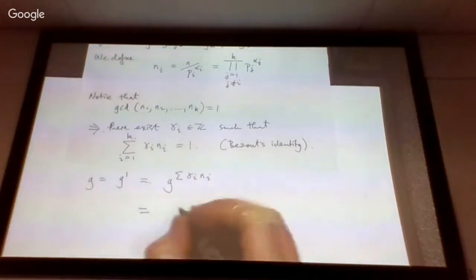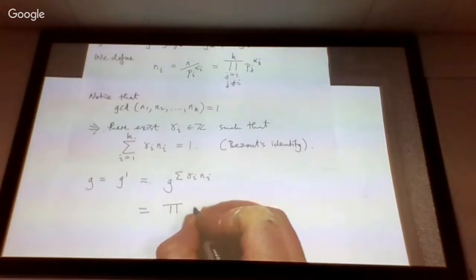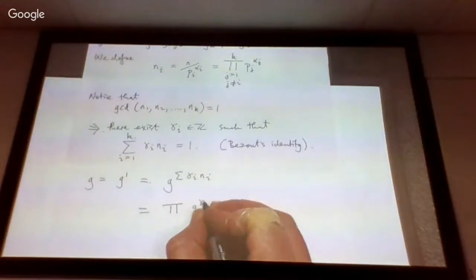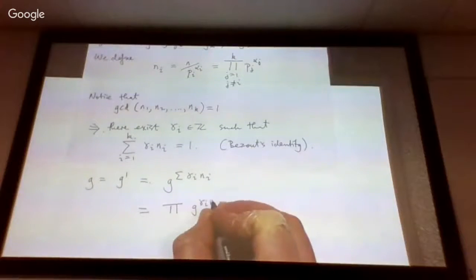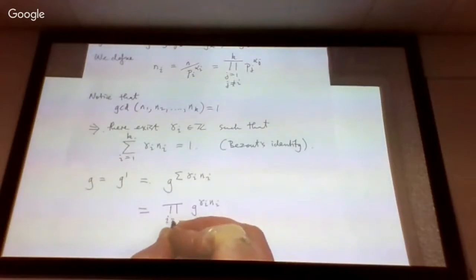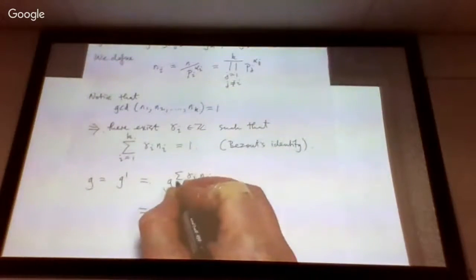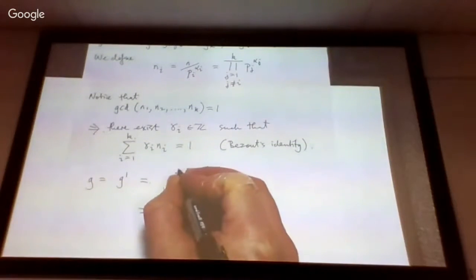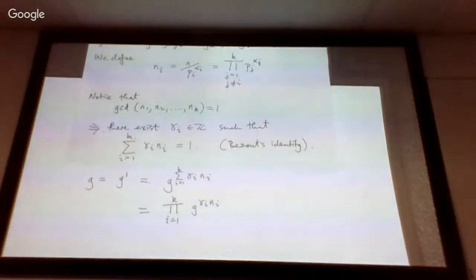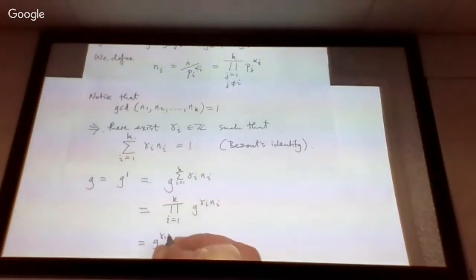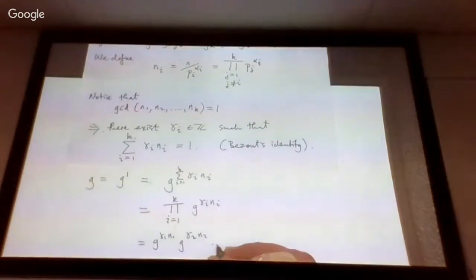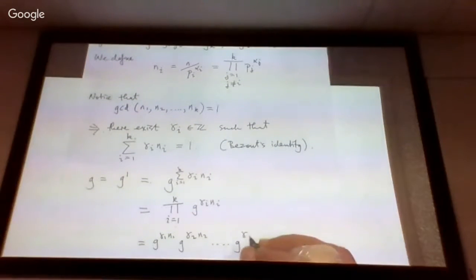So this is the product of G to the gamma 1 n1 times G to the gamma 2 n2 times, and it ends with G to the gamma k nk.